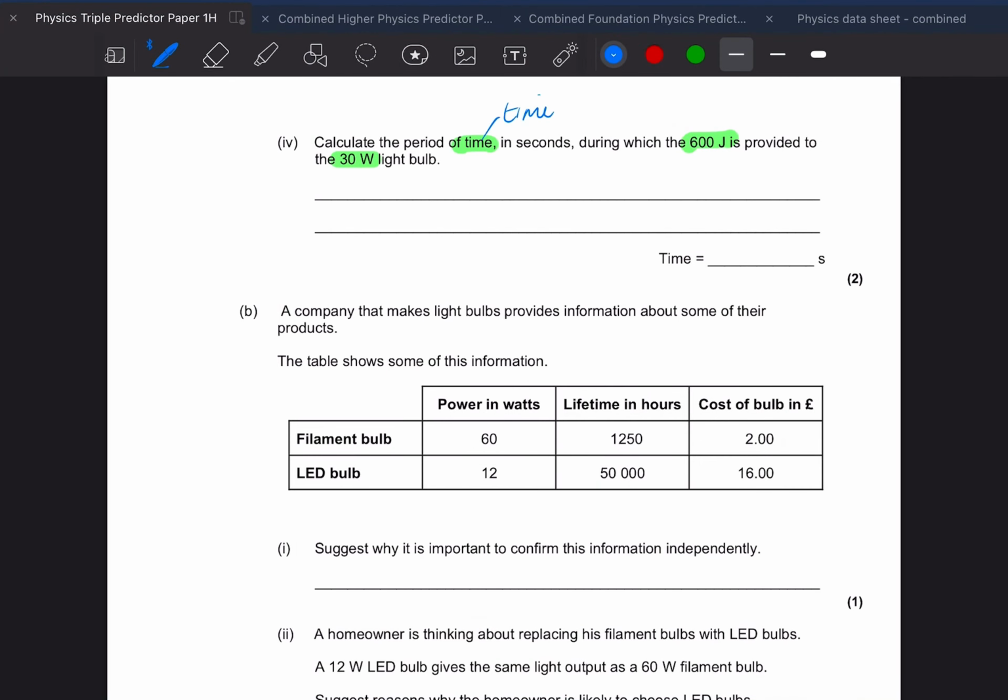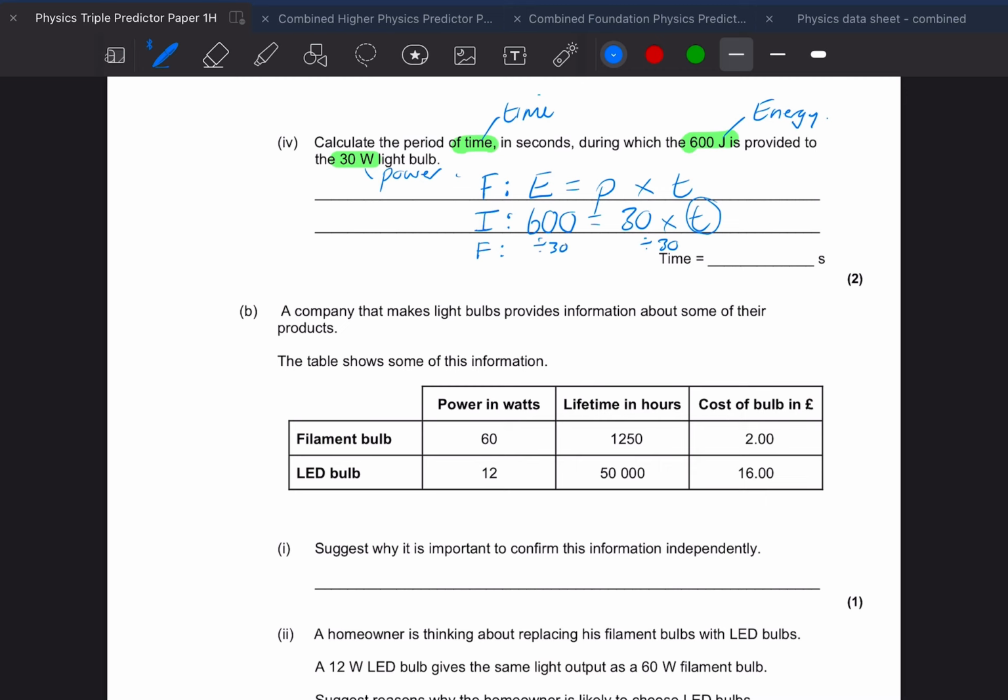Right, let's input our data. Energy, so we've got 600 is equal to the power, 30, times our time. We want to make time the subject, so we're going to do the inverse. It's currently being times by 30, so we are going to divide by 30. Divide this side by 30.